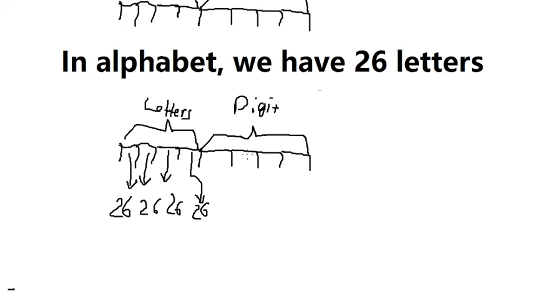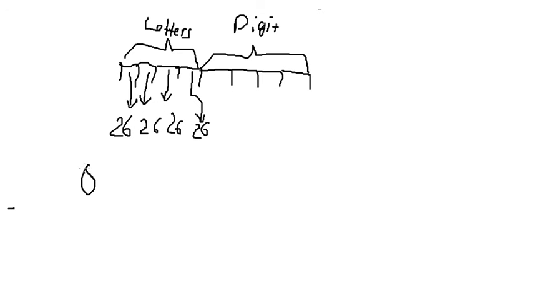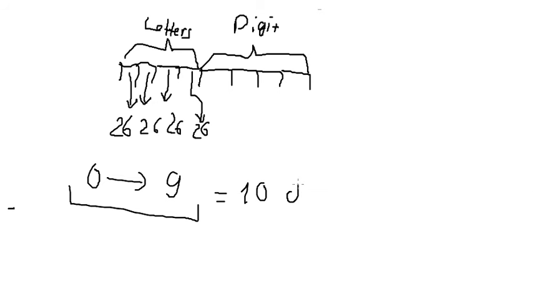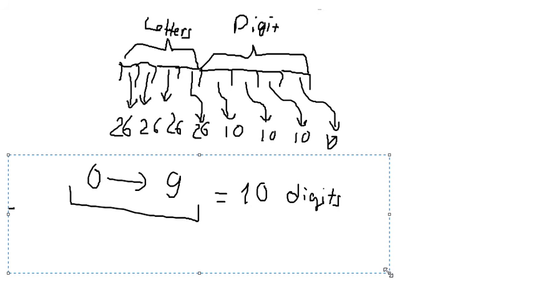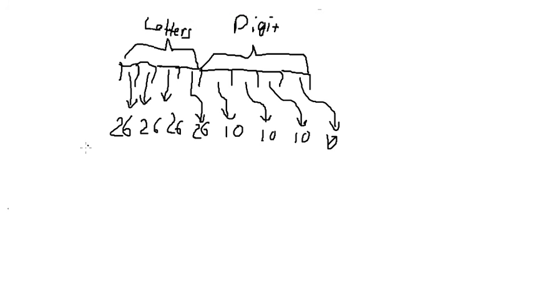About the digit, we know that they start from 0 to number 9, so that's about 10 digits. So we have 10 in here, 10 in here, and 10 in here. Now we need to multiply all the numbers in here, and we can find the total driver license.